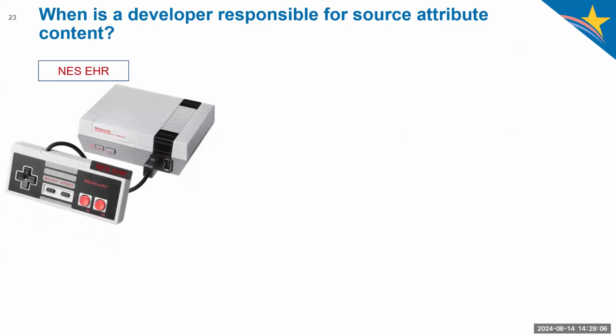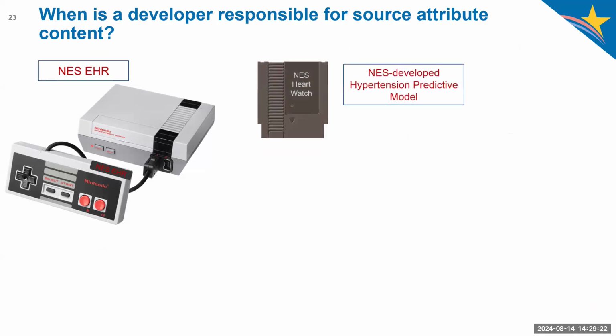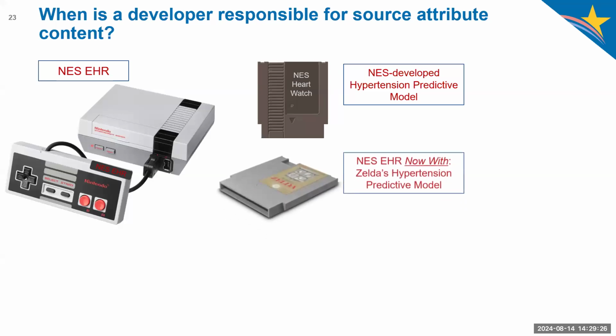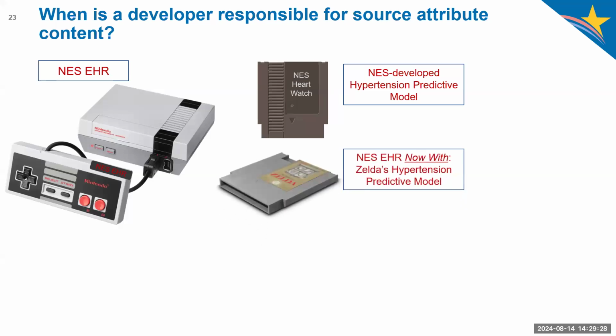So here's a little animation slide, honing in on the supplied by concept. When is the developer responsible for source attributes? NES is an electronic health record, and NES has developed a hypertensive predictive model.